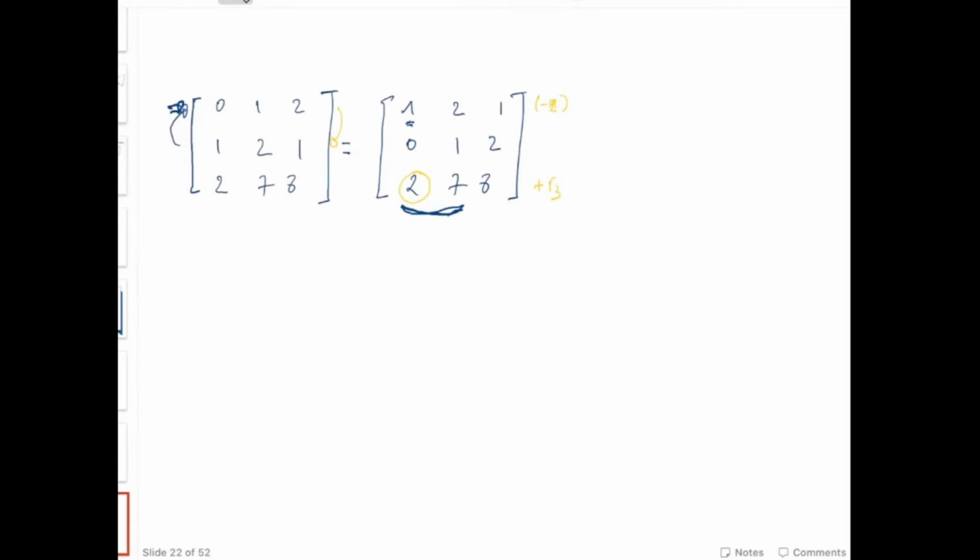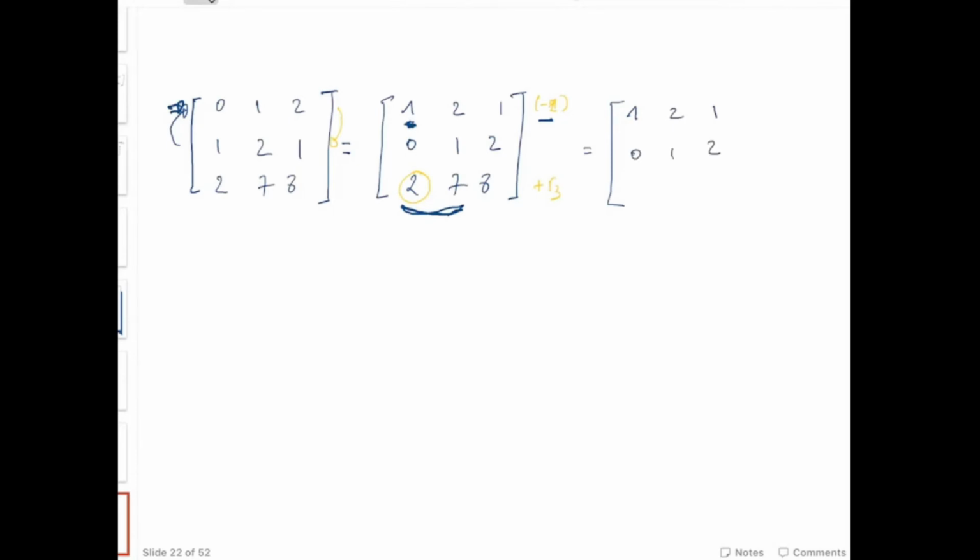If we do so, what we get in the next step is: the first row is kept the same.